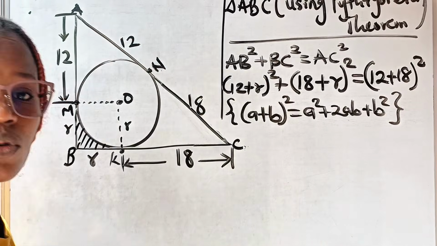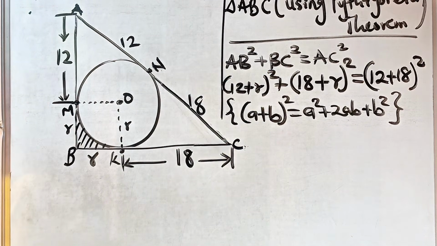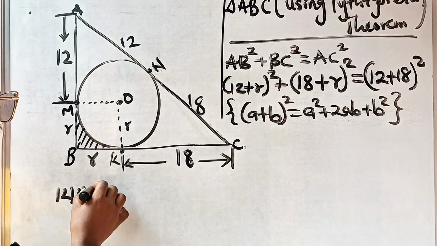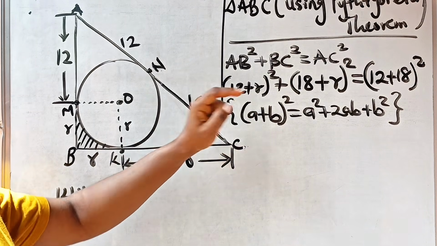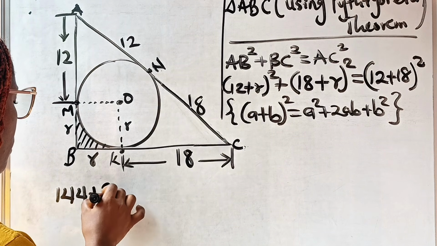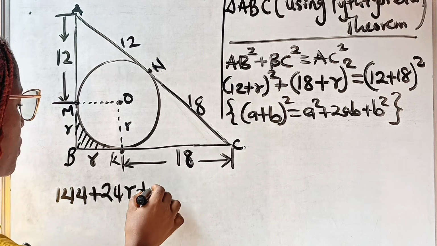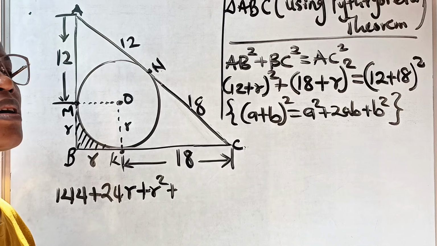So we can write this as 12 squared, which is 144, plus 2ab, that is 2 times 12 times R, which is 24R, plus R squared, plus 18 squared.